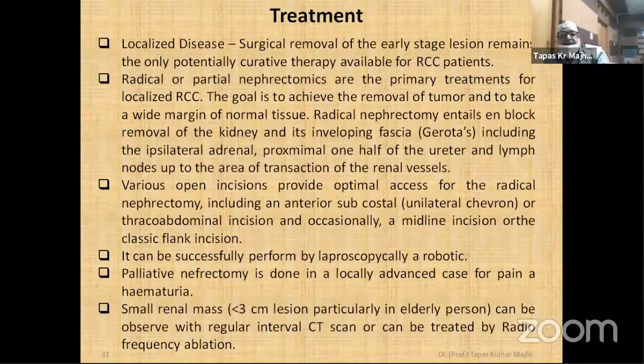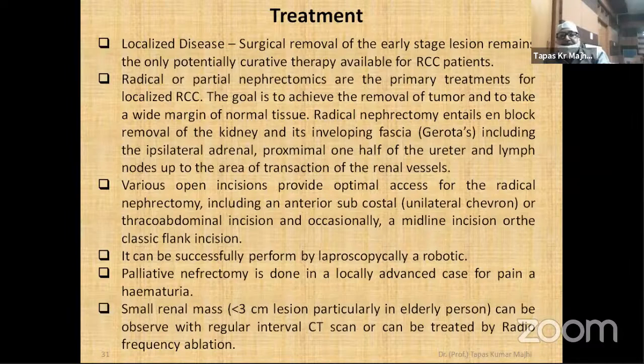Radical nephrectomy entails en bloc removal of the kidney within its enveloping fascia called Gerota's fascia, including ipsilateral adrenal, proximal one half of the ureter, and lymph nodes up to the area of transection of the renal vessels.